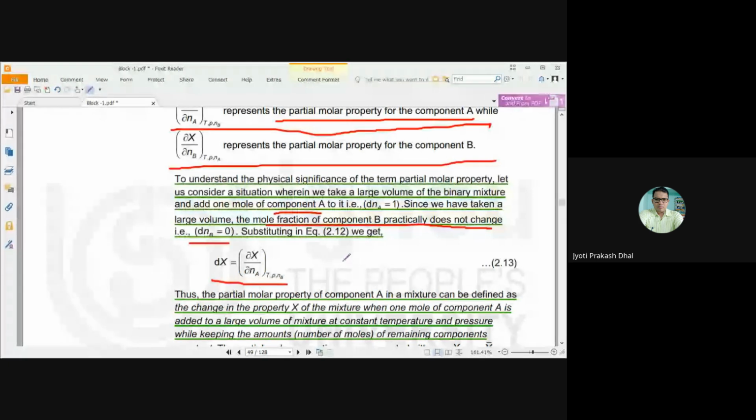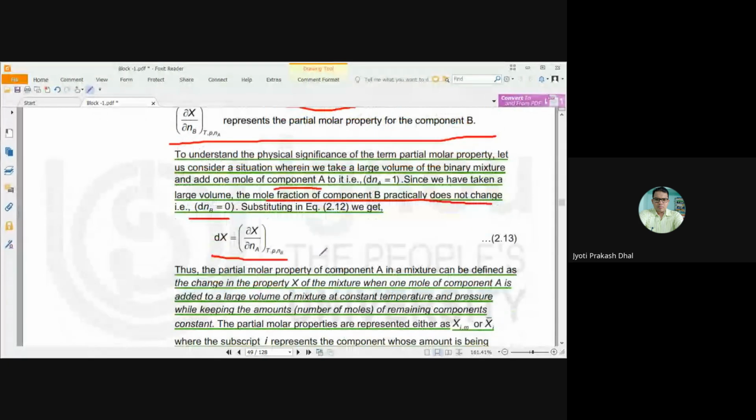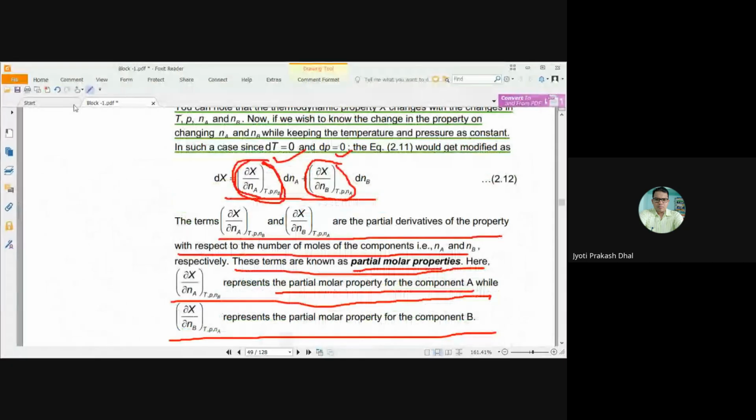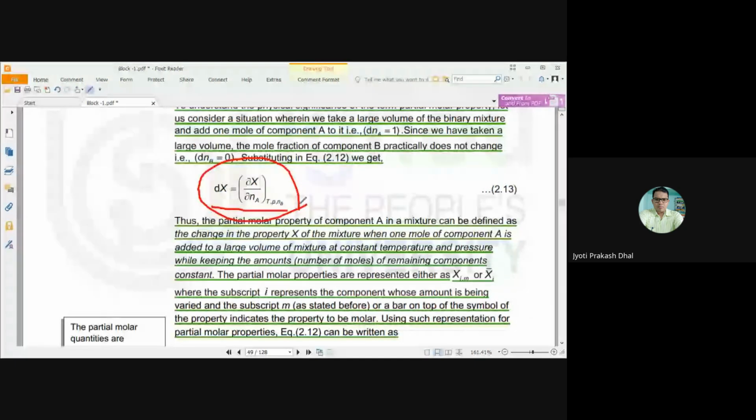Hence, substituting the values in equation 2.12, dNa equals 1 and dNb equals 0. So equation 2.12 will change into this: dX equals del X by del Na at constant temperature, pressure, and number of moles of B.